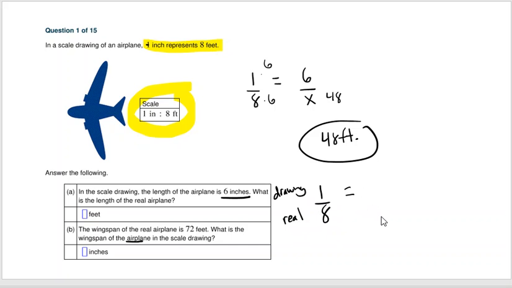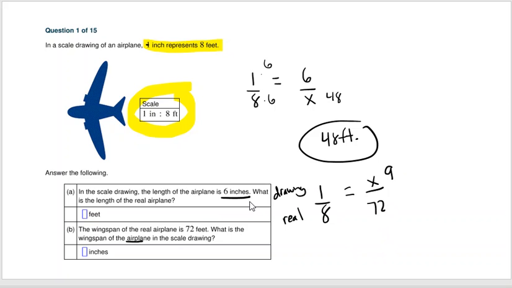So if the real airplane wingspan is 72 feet, we want to know what's the wingspan going to be on the drawing. Well, to get from 8 to 72, or to get from 72 to 8, we had to divide by 9. And so 9 divided by 9 is what is going to give us a 1. So this x would be a 9.